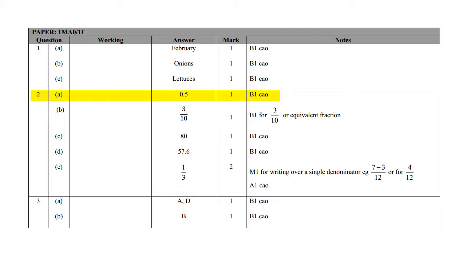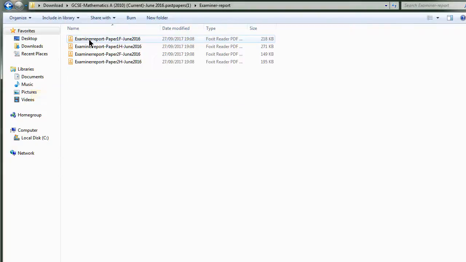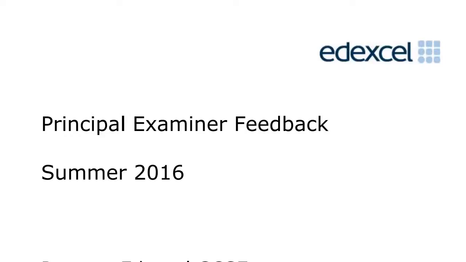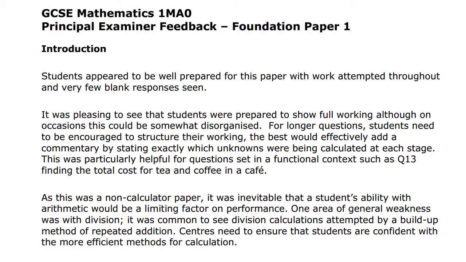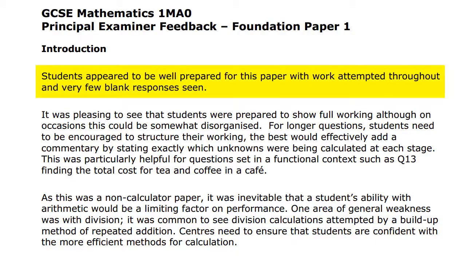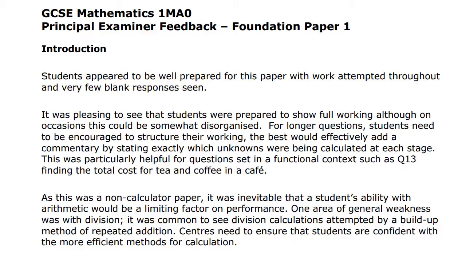We'll now look at the examiner's report for the same paper. This gives a wealth of information about how the students overall performed throughout the season. Students appear to be well prepared for this paper, with work attempted throughout and very few blank responses seen. So everybody attempted it. Let's look at this in a bit more detail.